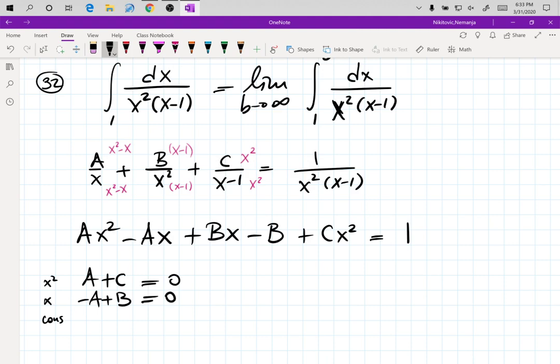And our negative b equals 1. Oh yes, that's the one that saves our life over here, so we don't have to suffer through a 3x3 system. b is immediately equal to negative 1. If b is equal to negative 1, then a is also negative 1.